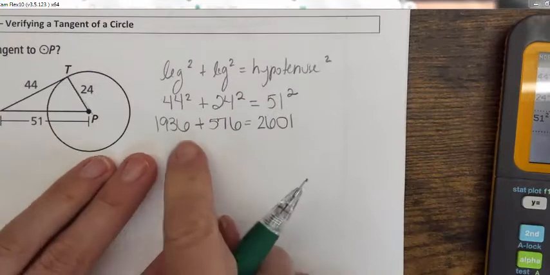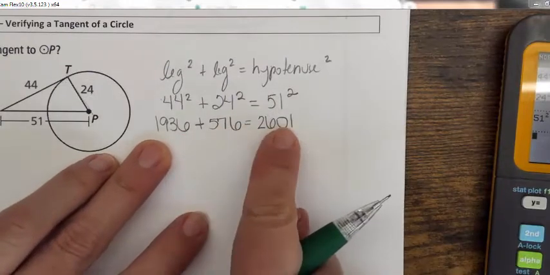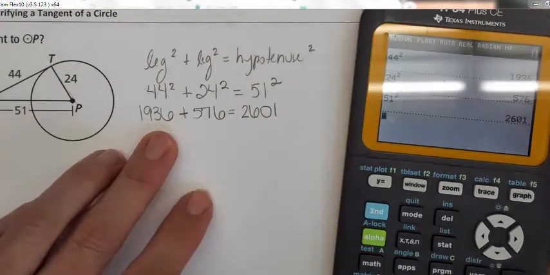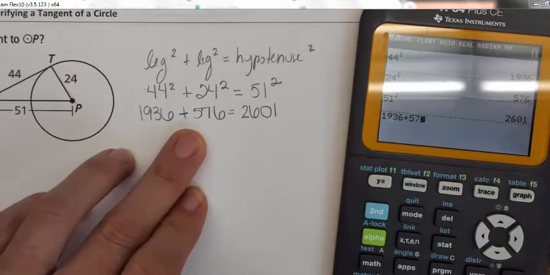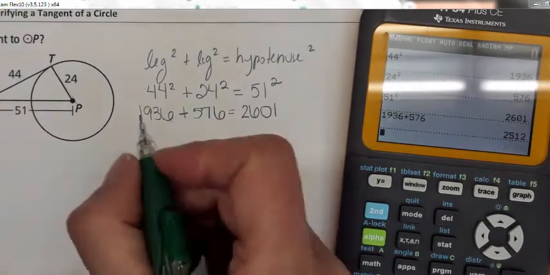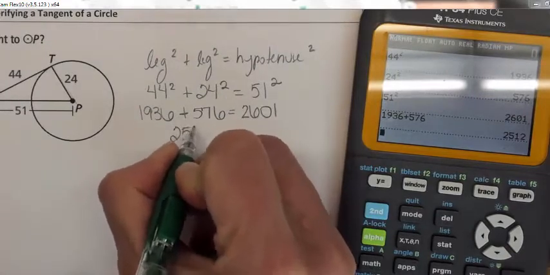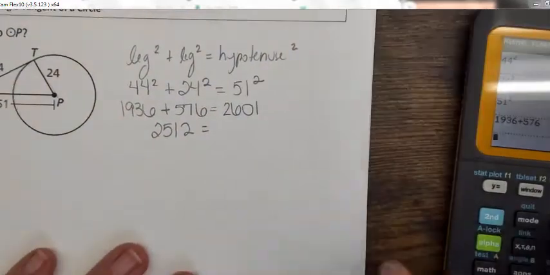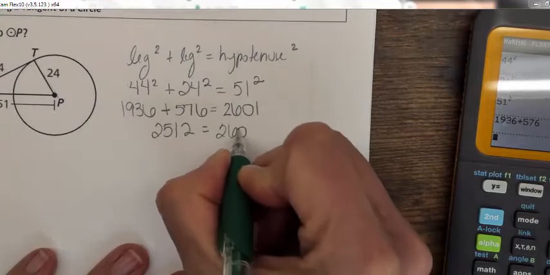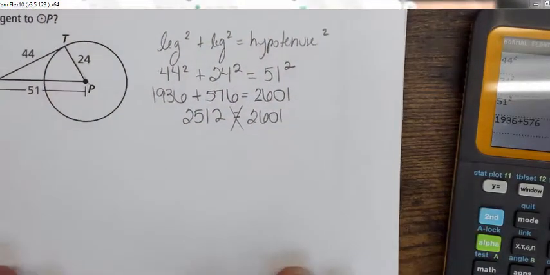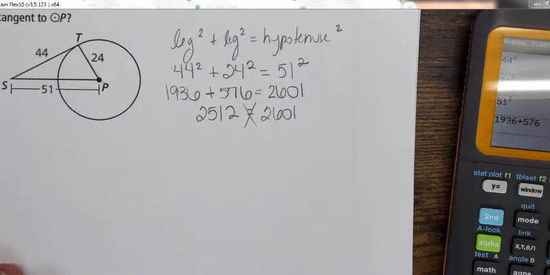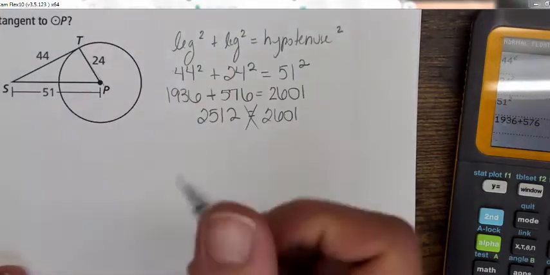So let's see if these add up to give me that. Okay, so we got 1936 plus 576, and that gave me 2,512. Now that does not make this a true statement, right? These two are not equal. Therefore, we know that segment ST is not a tangent, since triangle STP is not a right triangle.